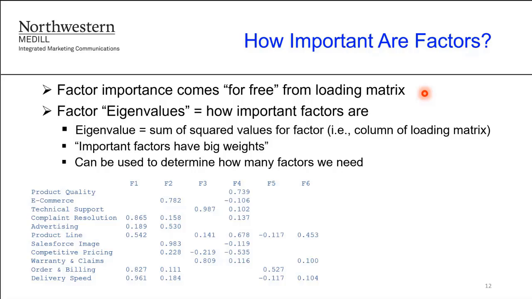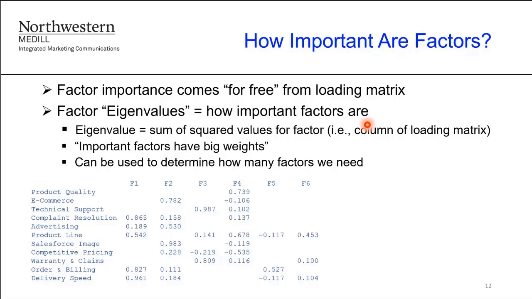how important the factors are. The factor importance comes for free from the loading matrix. So we can see the factor importance based on this factor loading matrix. I will introduce the concept of eigenvalues. Based on the eigenvalue, we can see how important factors are.